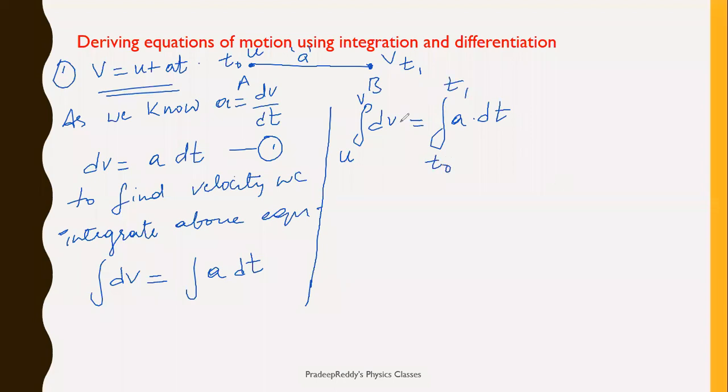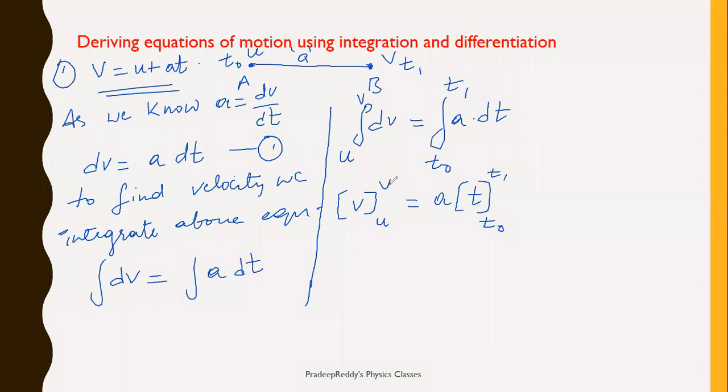What is integration dv? This is v, and the limits change only from u to v. This is equal to acceleration a, which is constant, I am bringing it out. Integration dt is t, with limits from t0 to t1. That means initial time is t0, final time is t1. Initial velocity is u, final velocity is v.